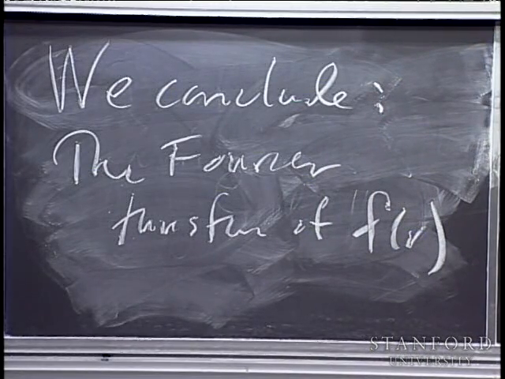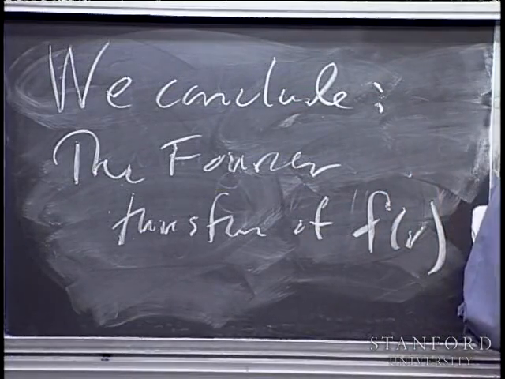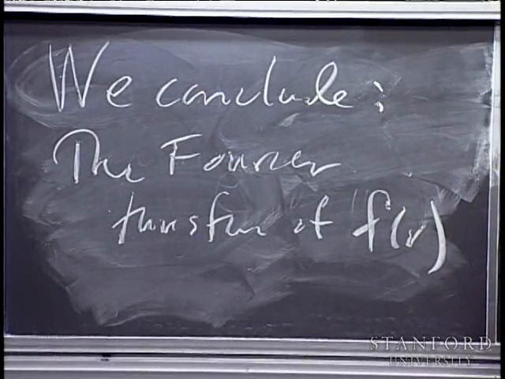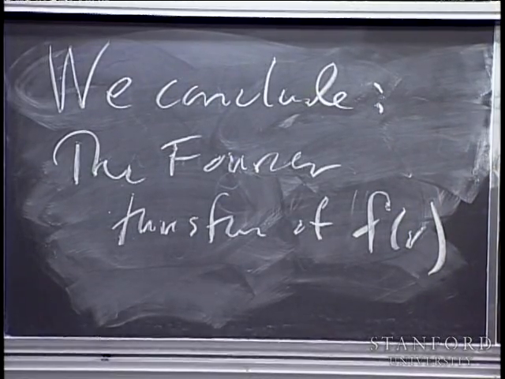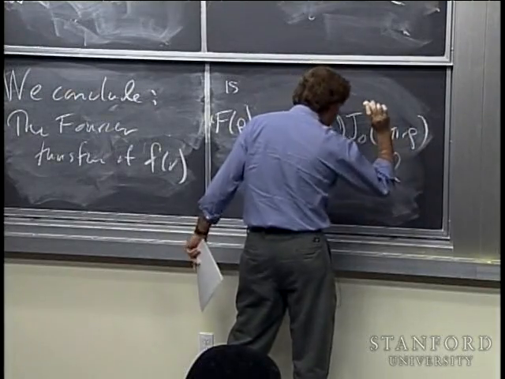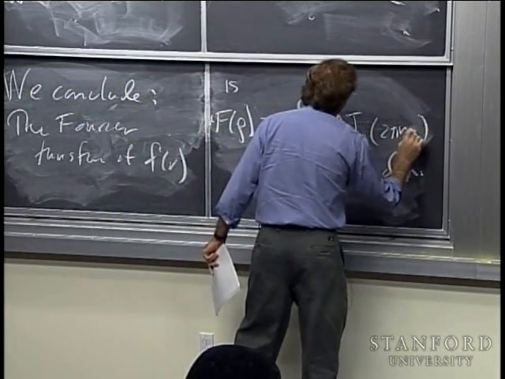I will call it F of rho, and it is 2 pi times the integral from 0 to infinity of f of r times this J naught of 2 pi r rho dr. Okay, 2 pi r rho dr.